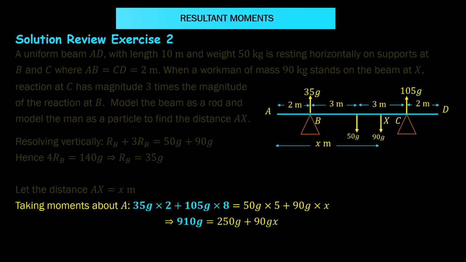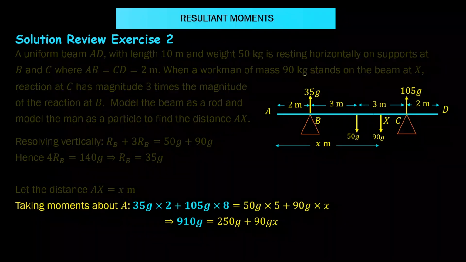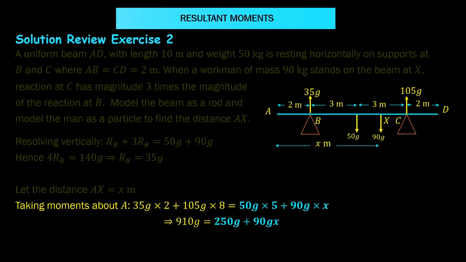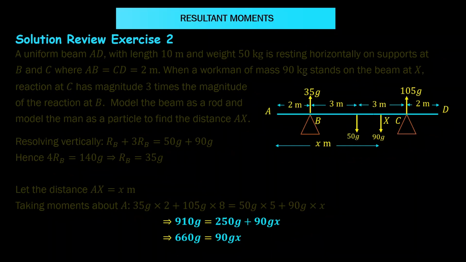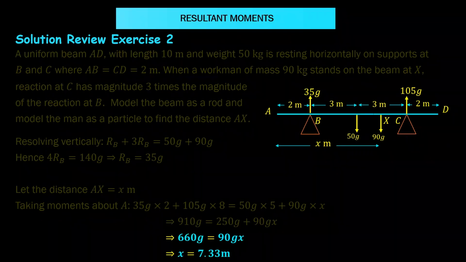And then tidying up gives us 910g equals 250g plus 90gx. And tidying up gives us x equals 7.33 meters.